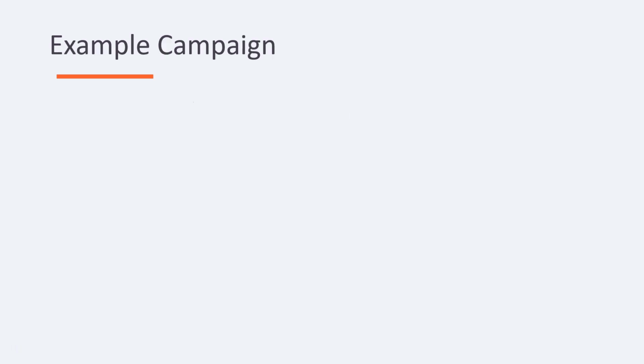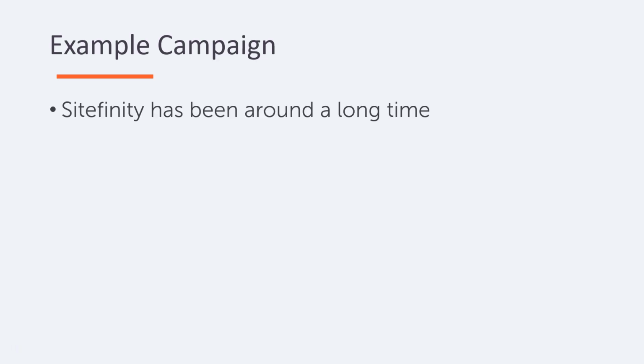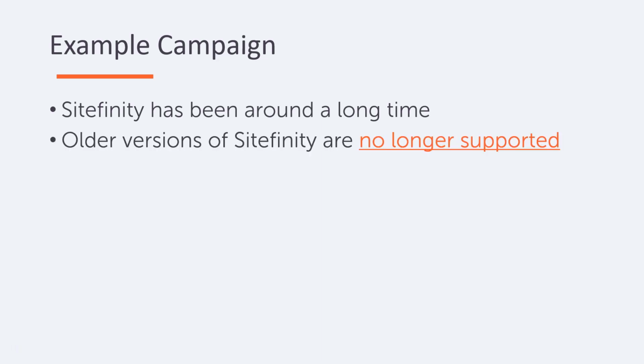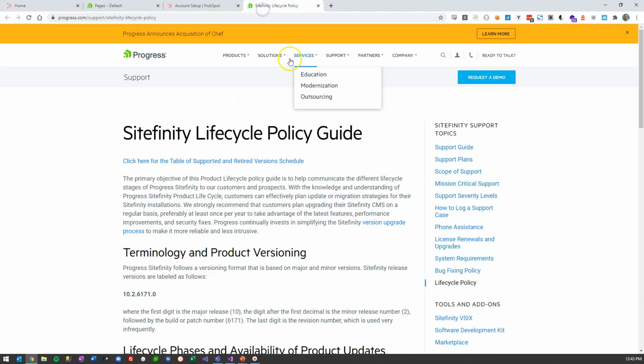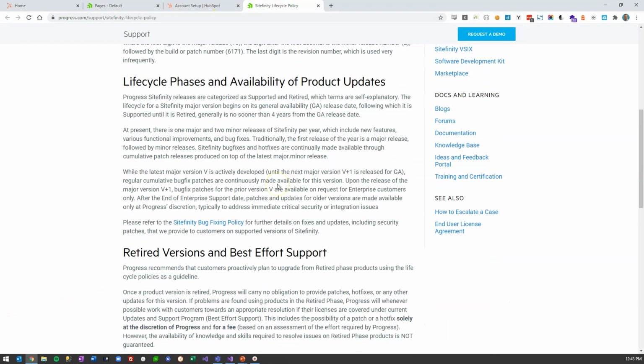So for this video series, I wanted to come up with something that's reasonably a real-world example. So the example campaign we'll be using might be one that we would run here at Smooth Fusion. So to start, we know that Sitefinity has been around for quite a long time, and older versions of Sitefinity are no longer supported. In fact, Sitefinity does have a Sitefinity lifecycle policy, and they've got a web page about that.